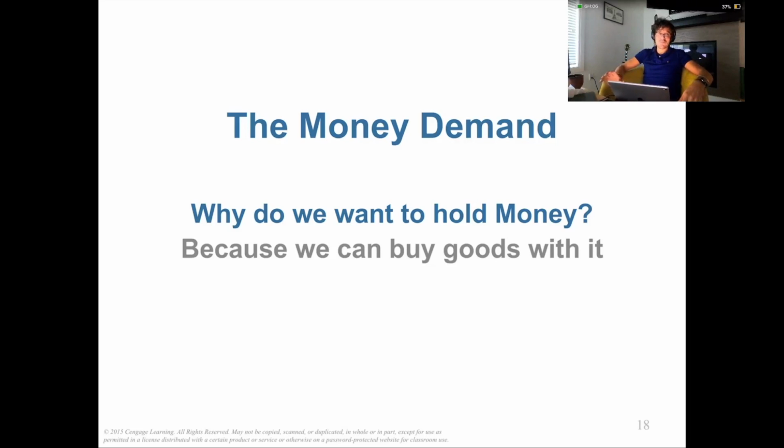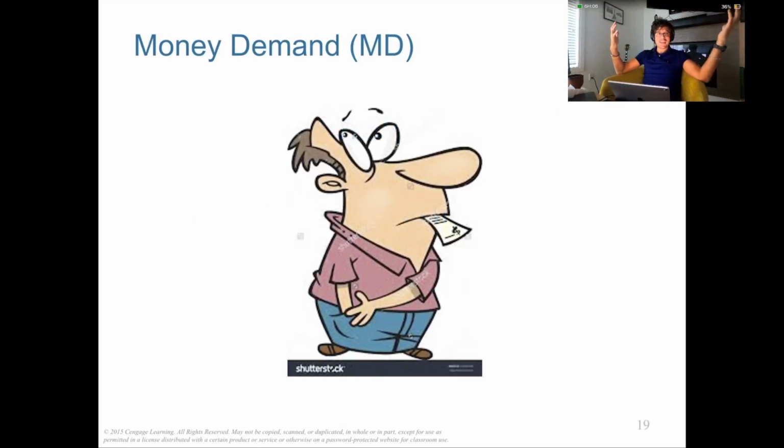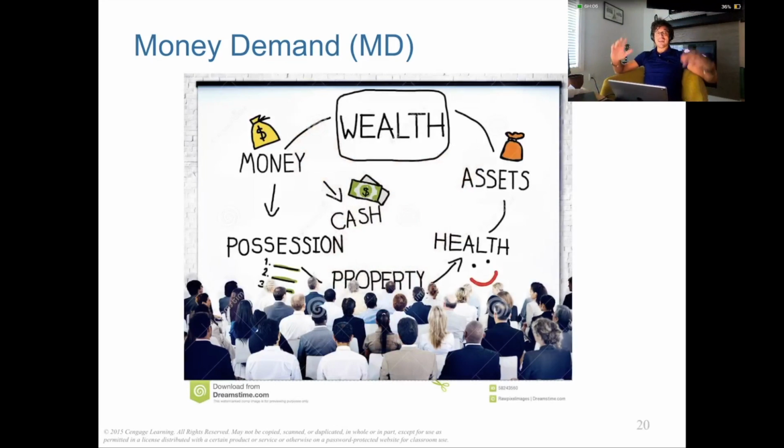People want to hold money because they want to make transactions. So the money demand is just the amount of cash that you have in your pockets or the demand deposits that you have at your bank. Think about it as you having a pile of wealth or some income, and then you have to decide whether to allocate this wealth or income in more or less liquid assets. So money is something that is very liquid in terms of assets.